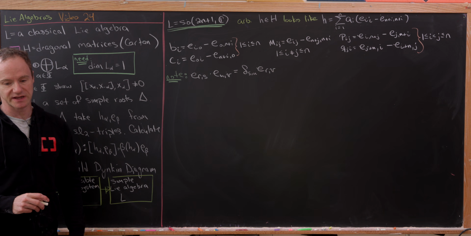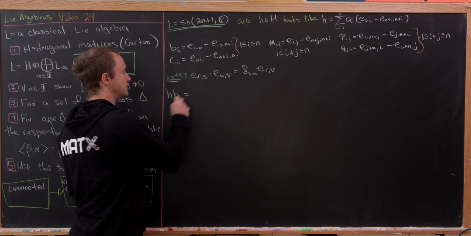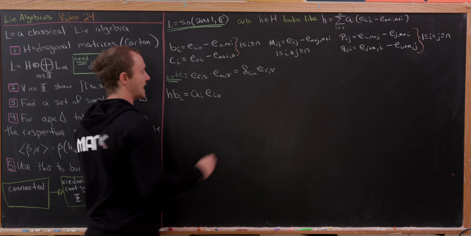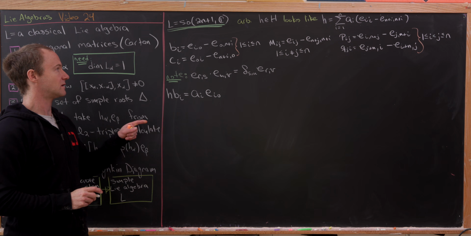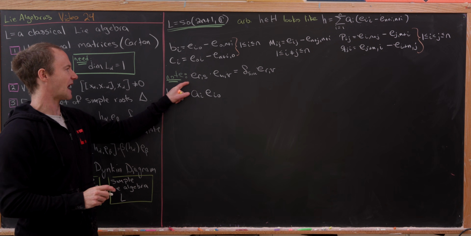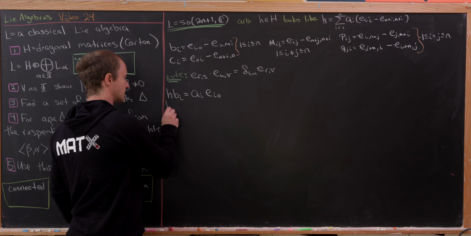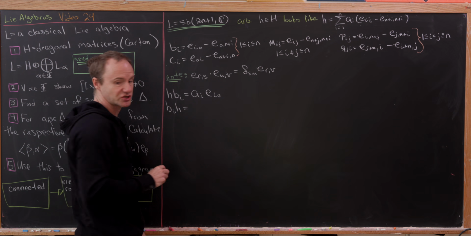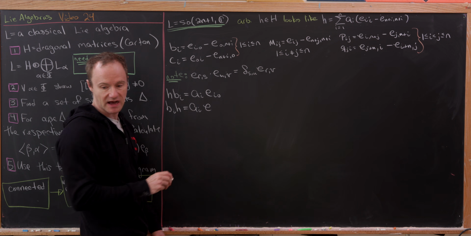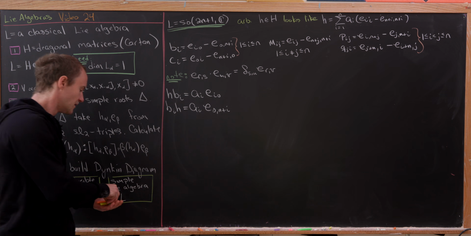But from this, we can do some calculations. If we do H times BI, we get AI times EI0, and that's pretty clear just from exactly this matrix multiplication rule. Similarly, if we do BI with H, we're going to get AI times E0,n+I.